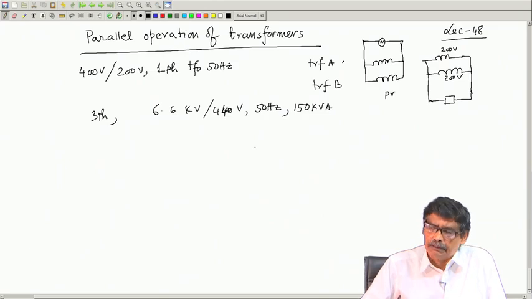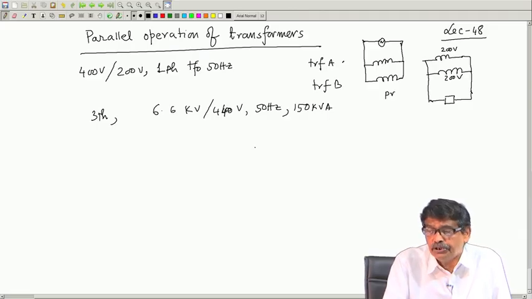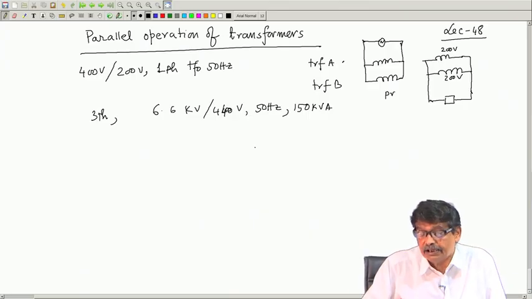Therefore, if the load demand increases, then for the transformer you installed initially, after 7 years the load demand suppose becomes 300 kVA. What is the option left?